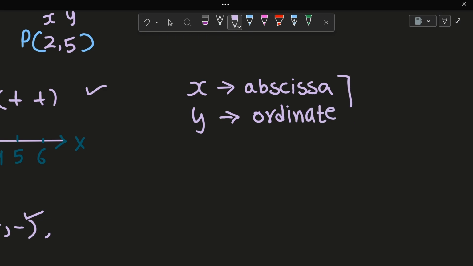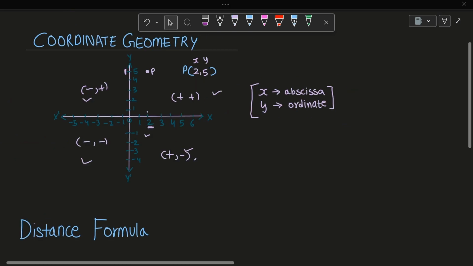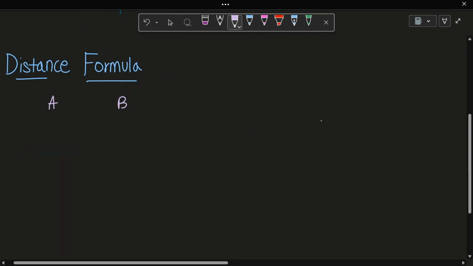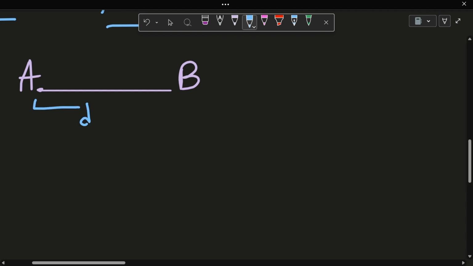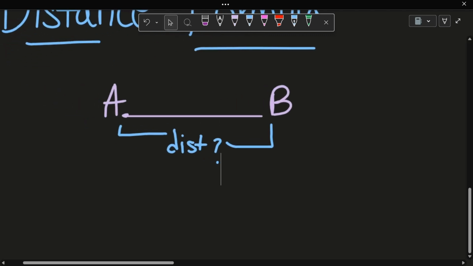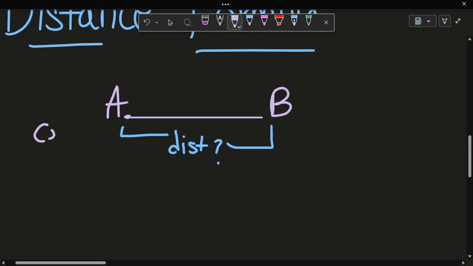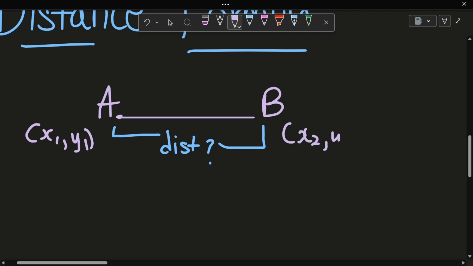Now let's move on to the next topic, that is the distance formula. This is used to calculate the distance between 2 points. I've drawn 2 points and I've joined them. Now I want to know the distance between these 2 points, or the distance of the line. I'm taking the coordinates as (x1, y1) and (x2, y2).